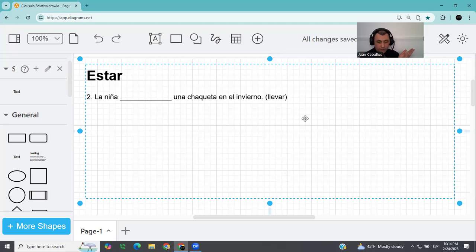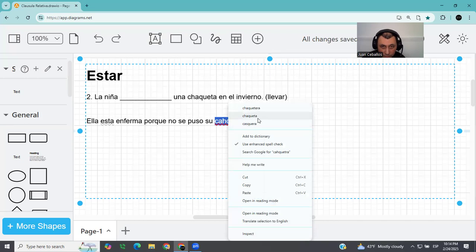Now for the verb estar, if you still want to use it, in this case, I cannot say en el invierno. I'm going to give you an example. Ella está enferma porque no se puso su chaqueta hoy.